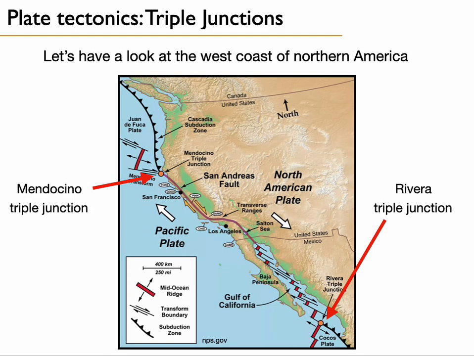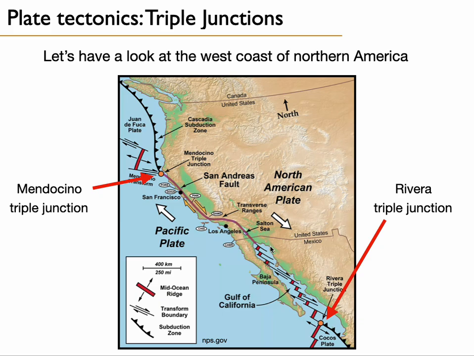So the interpretation of this, if we are at the south here, that's the Rivera triple junction, we have the subduction, ridge, transform interaction.